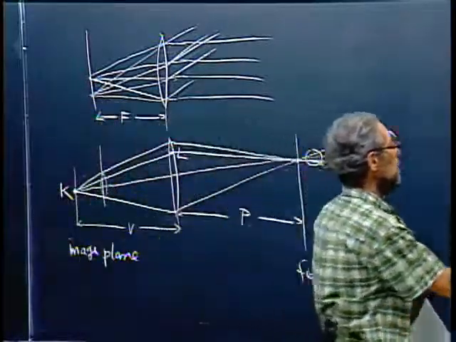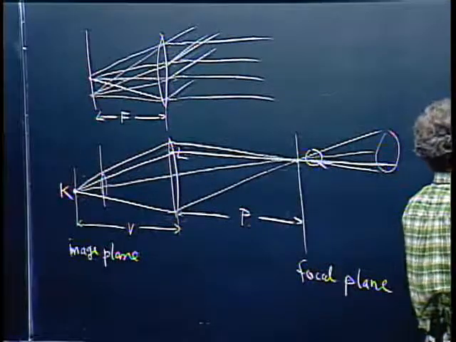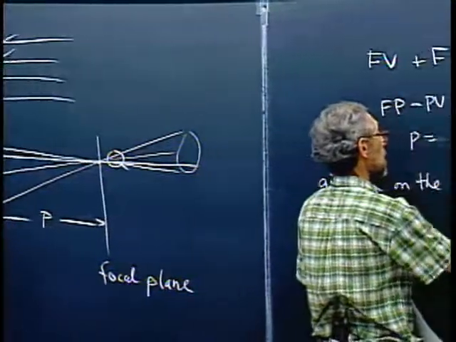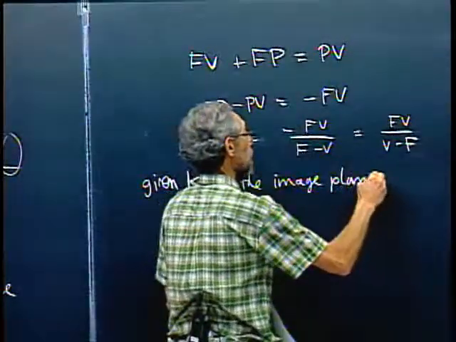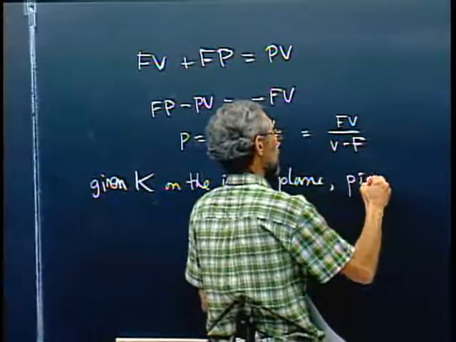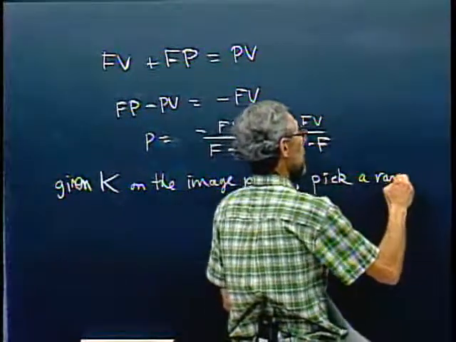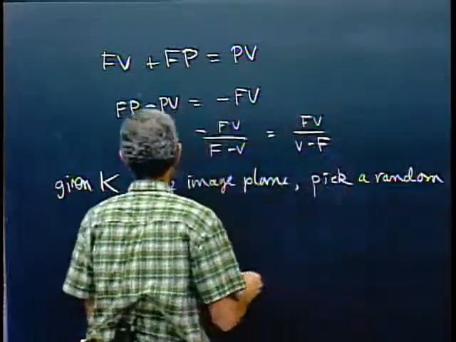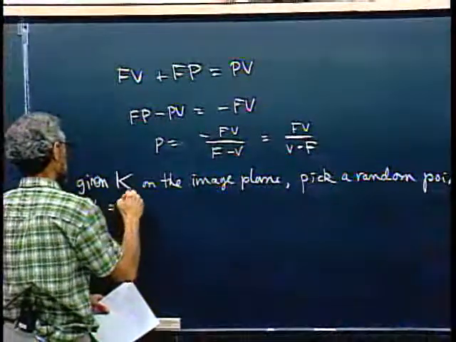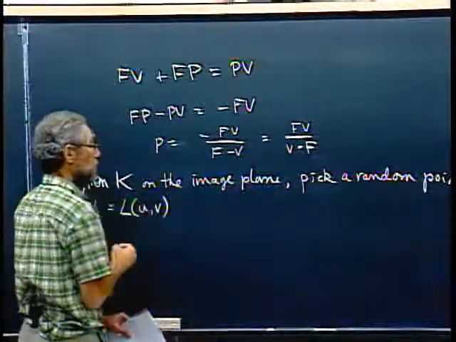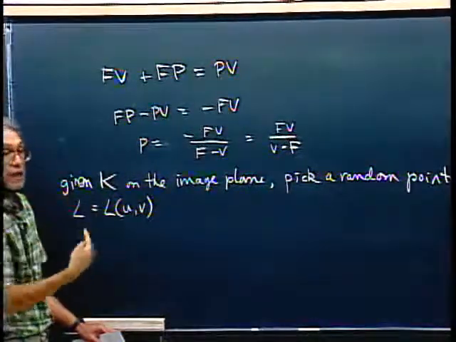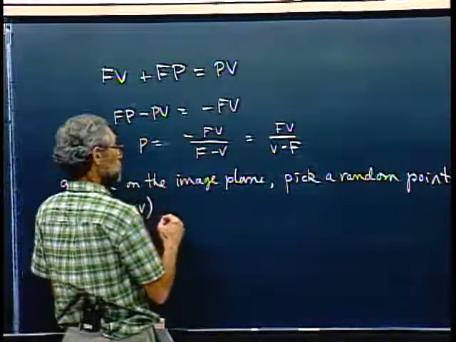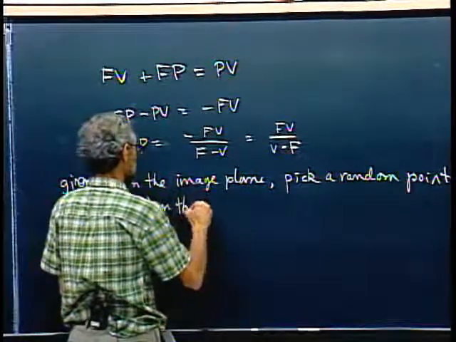So basically, given K on the image plane, we pick a random point L. Why don't I say L in terms of U and V, where U and V are parameters that describe, say, horizontal and vertical coordinates on the plane of the lens, on the lens.